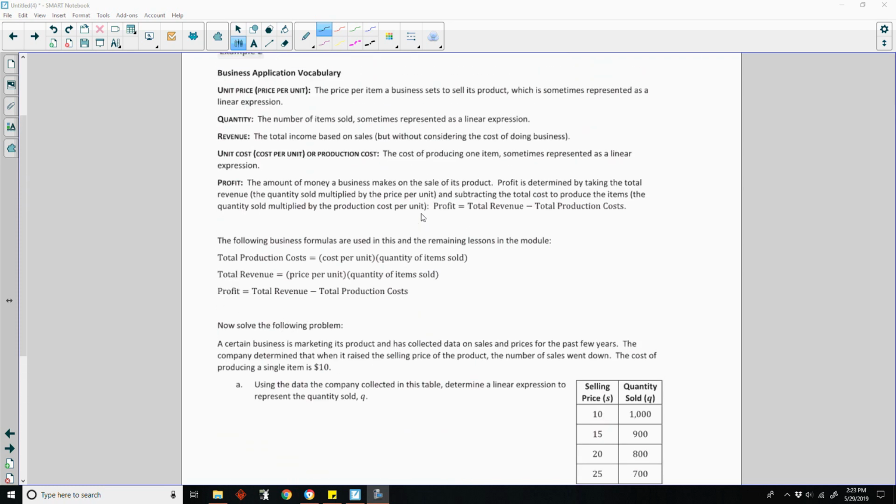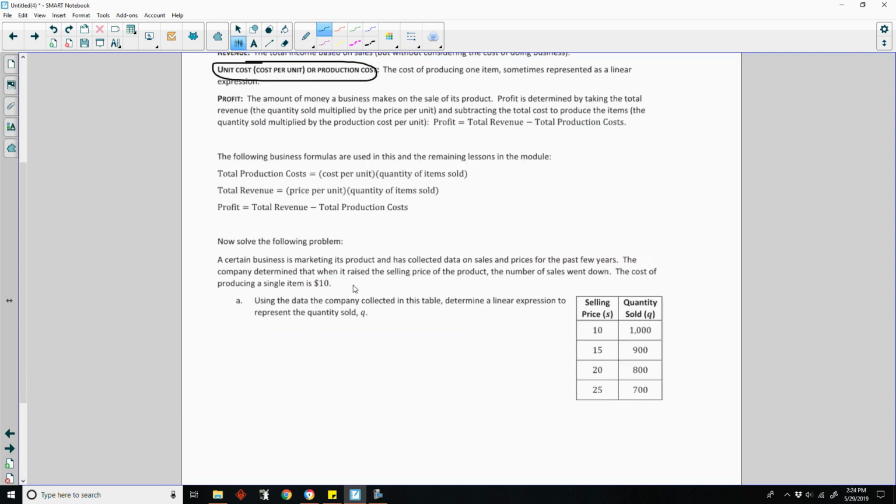So the cost of producing a single item is your unit cost, your production cost, is $10. Using the data the company collected in this table, determine a linear expression to represent the quantity sold.